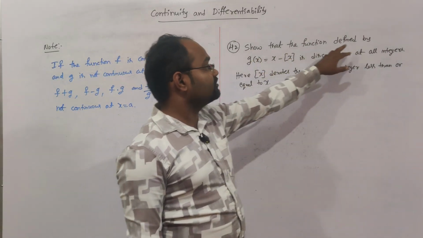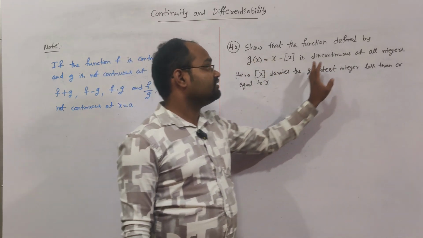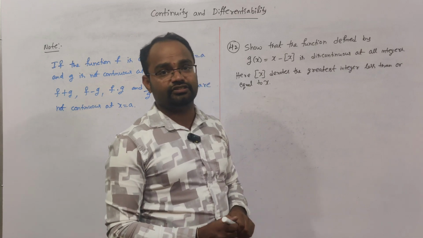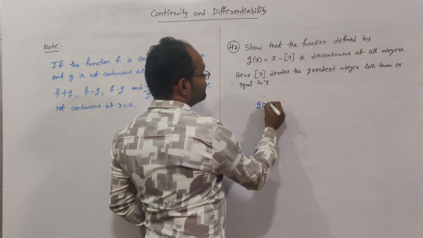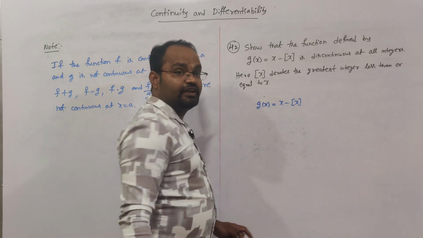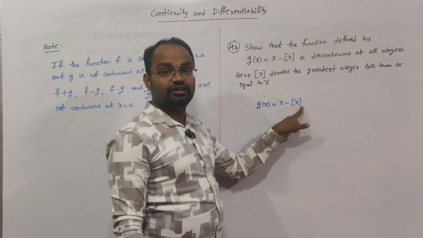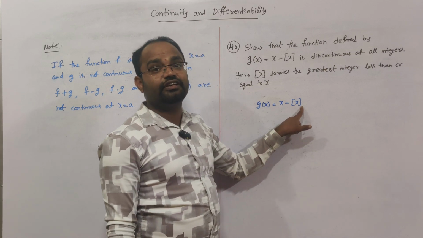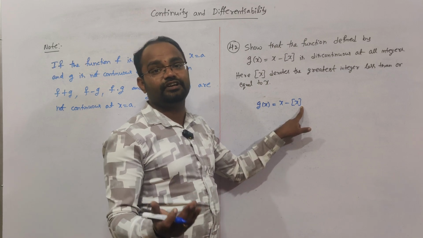Show that the function defined by g of x is equal to x minus greatest integer x is discontinuous for all integers. Here the given function is g of x is equal to x minus greatest integer x. Here x is a polynomial, which is continuous, but this is the greatest integer function. We know that the greatest integer function is discontinuous at every integer.